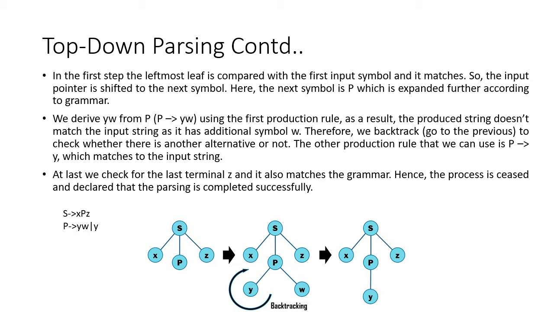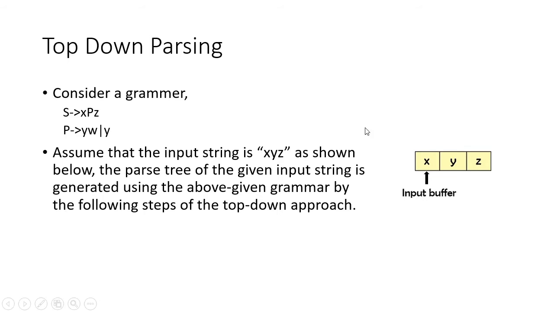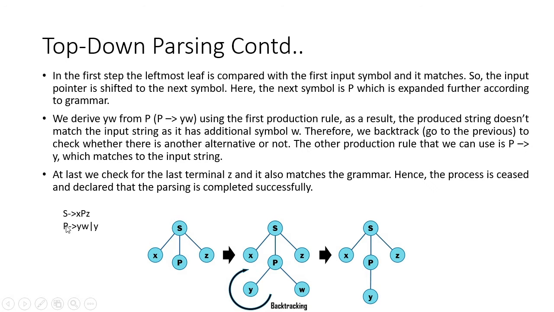Once we find this, X in XYZ will match the first character X. Then the second character to match is Y. In the grammar, P has two productions, P derives YW and P derives Y. Let us consider that it goes for YW, so we expand to P derives YW.